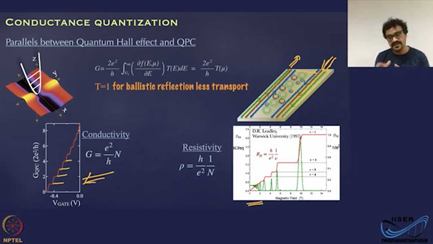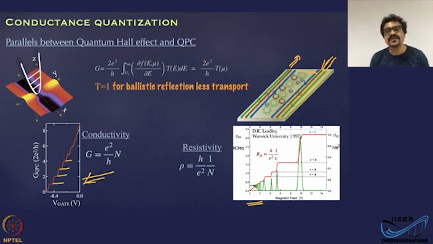So the quantization is a lot stronger, and you really don't require as perfect a sample as that for a QPC to see the quantization, because the backscattering due to the impurities will be taken care of by the time reversal asymmetry of the magnetic field.